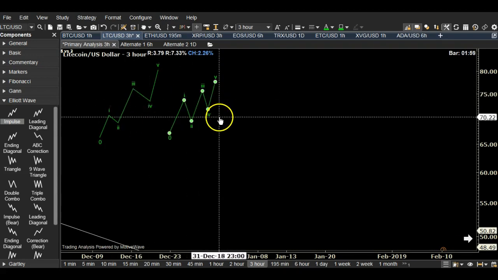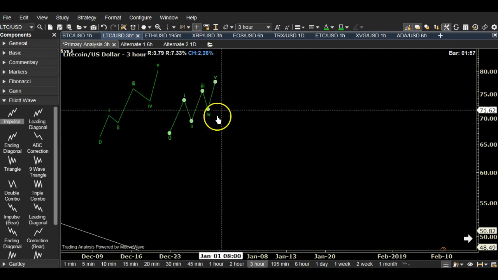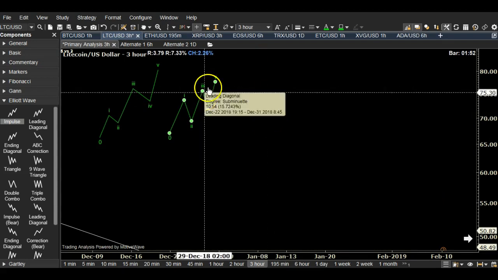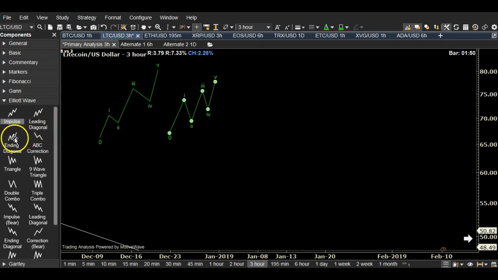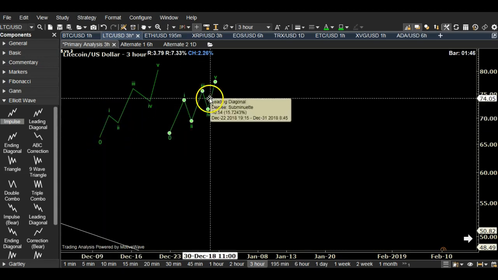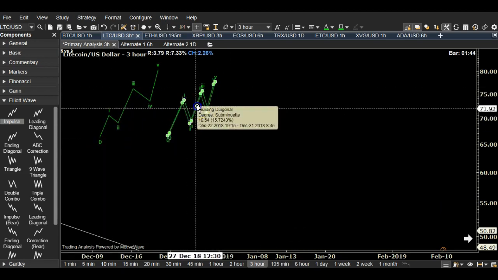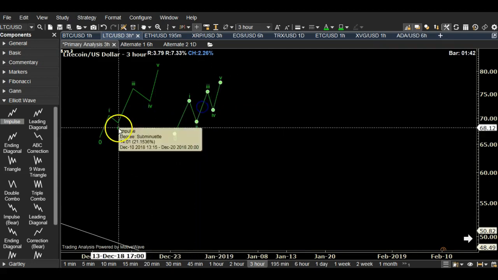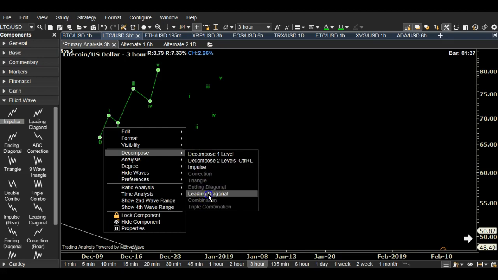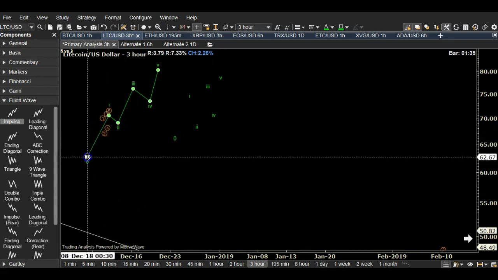In a leading diagonal, this can happen, and the waves actually have to overlap each other. And this leading diagonal usually happens in a wave 1. So you can basically take this whole structure and put it up into wave 1. And if I go here and I decompose this, it can decompose as a leading diagonal right here.